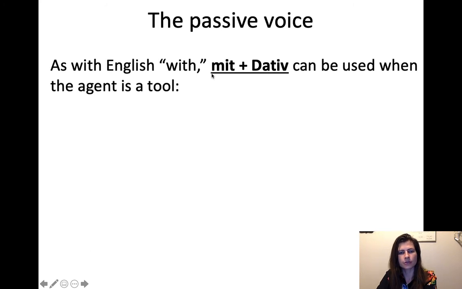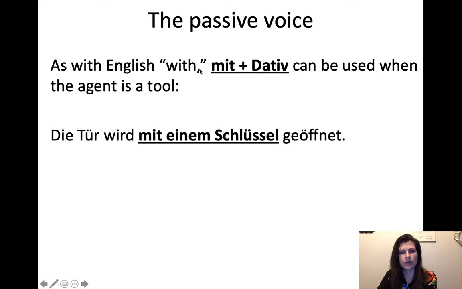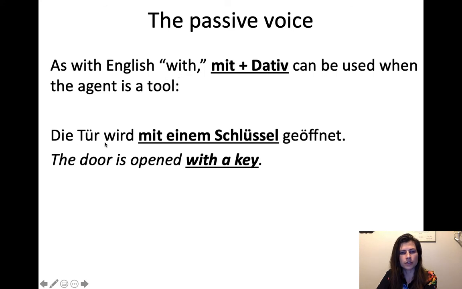And then there's one more option when it's sort of a tool or an instrument. You can say mit, and we do that in English as well with the word with. So we say, die Tür wird mit einem Schlüssel geöffnet. The door is opened with a key. So mit einem Schlüssel is literally just with a key in English.